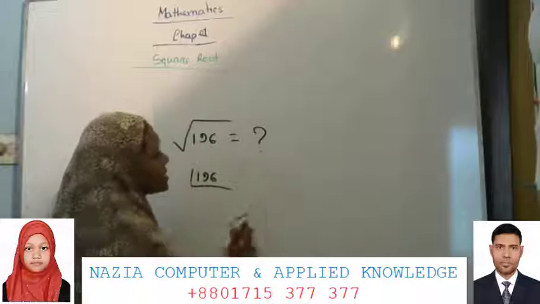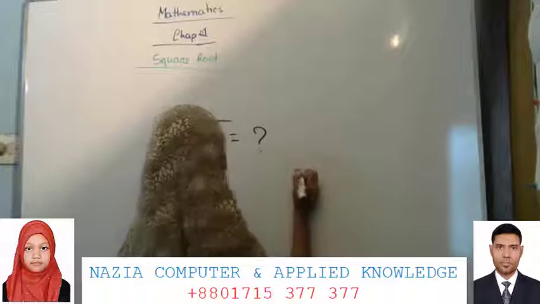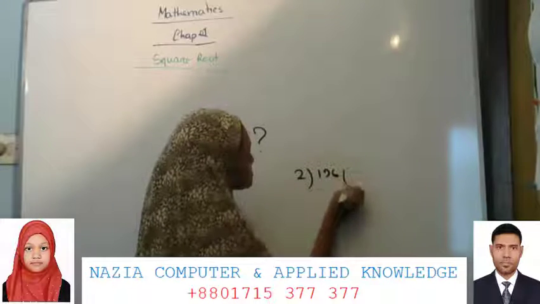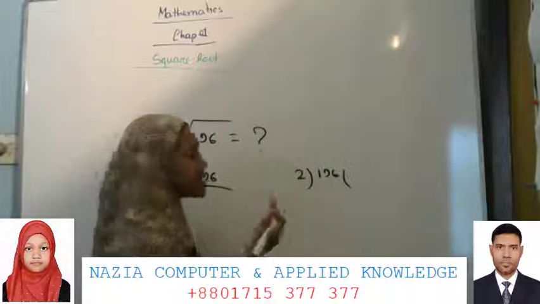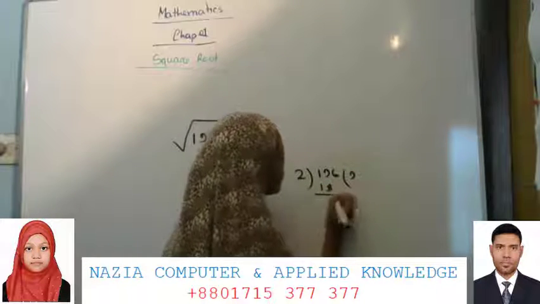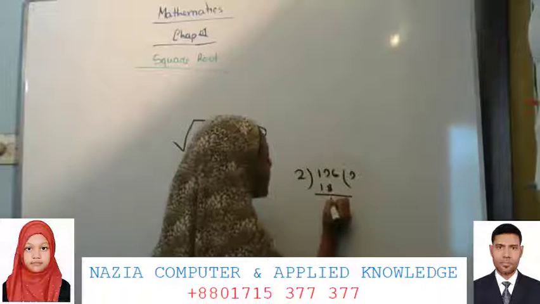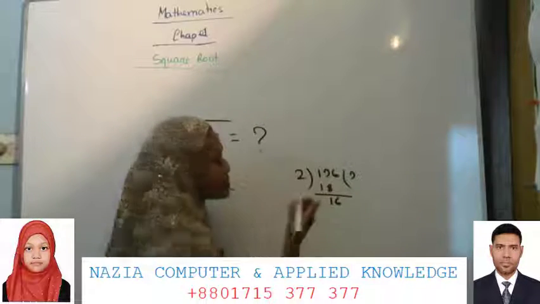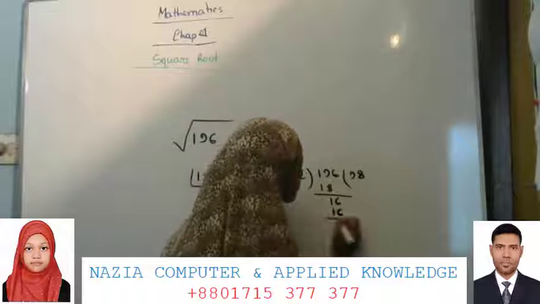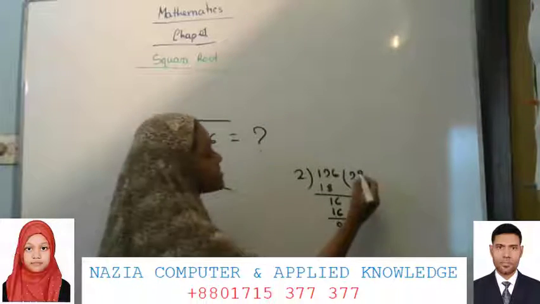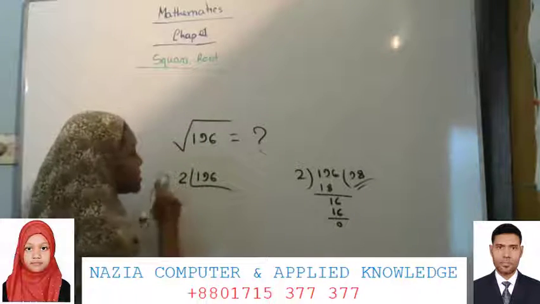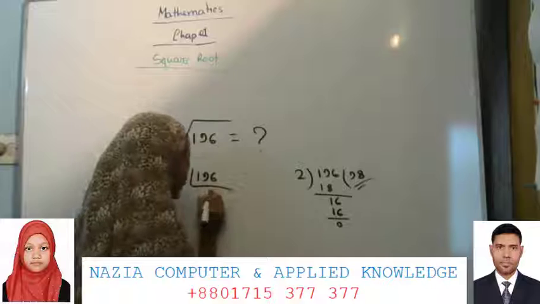So let's do it in our graph. 196. We know 9 2s are 18. Then 1, then 6. We again know that 8 2s are 16. So what is the result? 98. So here we will write 2, then 98.